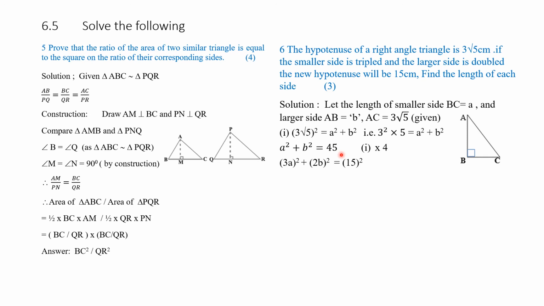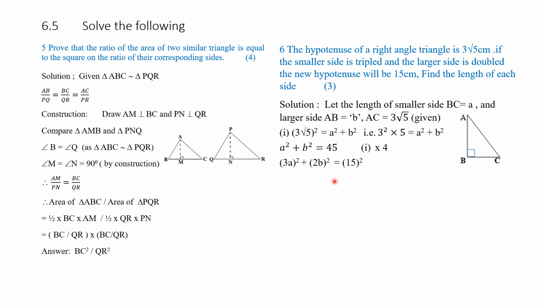Now, another condition that he has given is that if the smaller side is tripled, that is 3a, and the larger side is doubled, that is 2 into b, the new hypotenuse will be 15 centimeter.